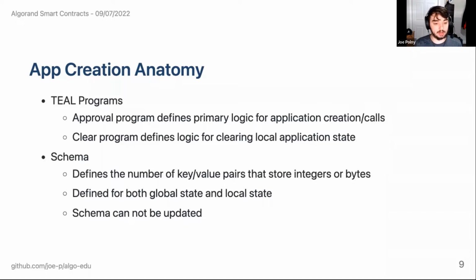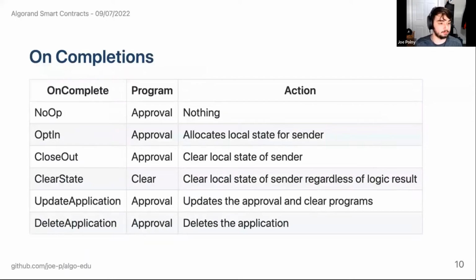Once you create an application, the schema cannot be updated. So let's say you create an application that saves 1 byte array and 1 integer. If in the future you try to add another integer, it will fail and there's no way to expand that. So when you're designing a contract, it's very important that you think ahead of time what sort of data you're going to be saving.